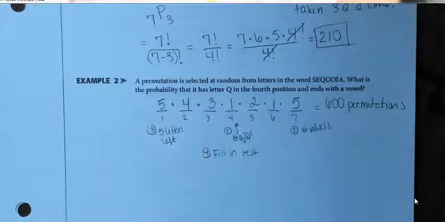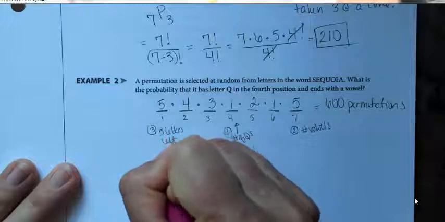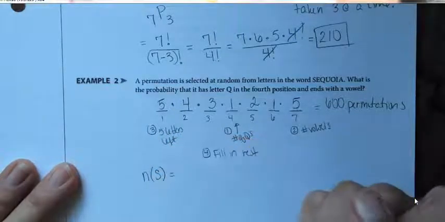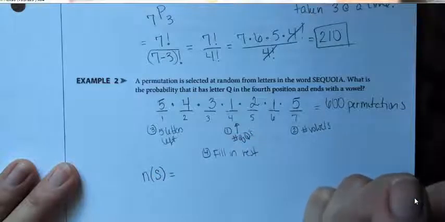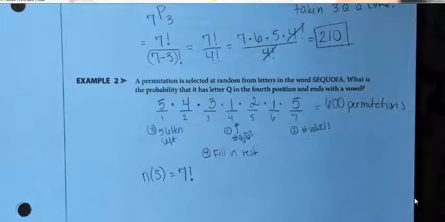So the number of possible elements in the sample space is really going to be 7 times 6 times 5 times 4 times 3 times 2 times 1, which in fact is 7 factorial.